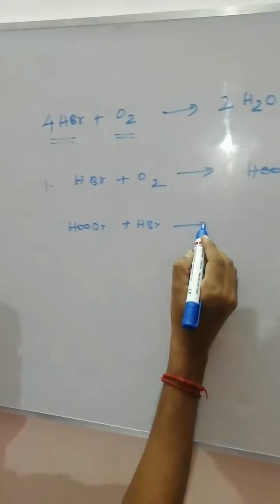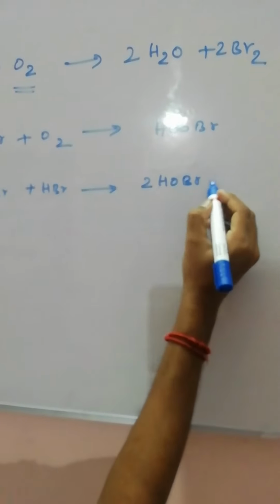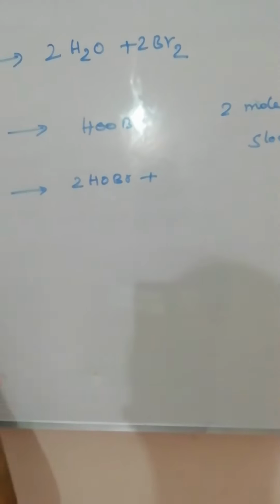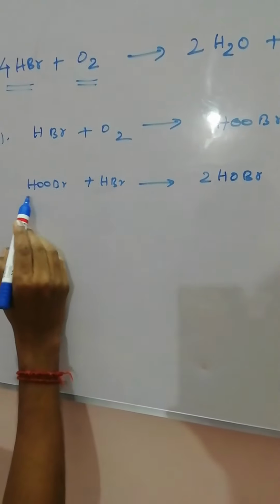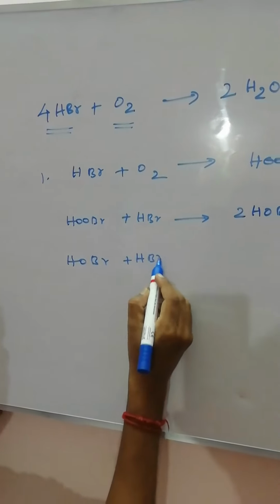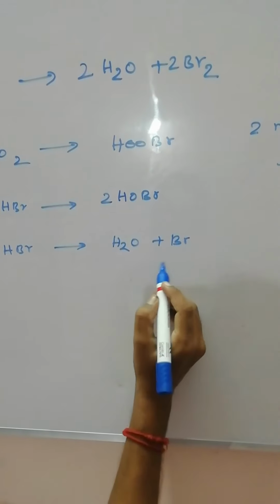HOOBr plus HBr giving 2HOBr. Again HOBr reacts with HBr, gives H2O and Br2.